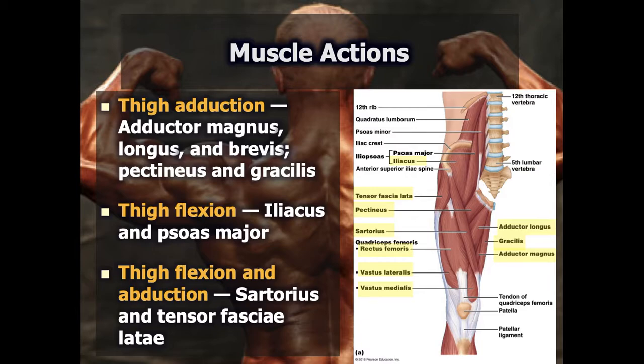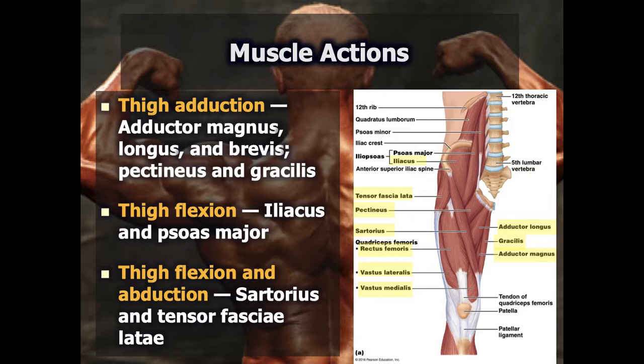Okay, adductor magnus, adductor longus, they're all in here. Adductor brevis, he's deep, but he's in this area too. The pectineus, this guy right here, and the gracilis, this guy right here. They're all in the medial aspect of your thigh. It makes sense, right? Okay.